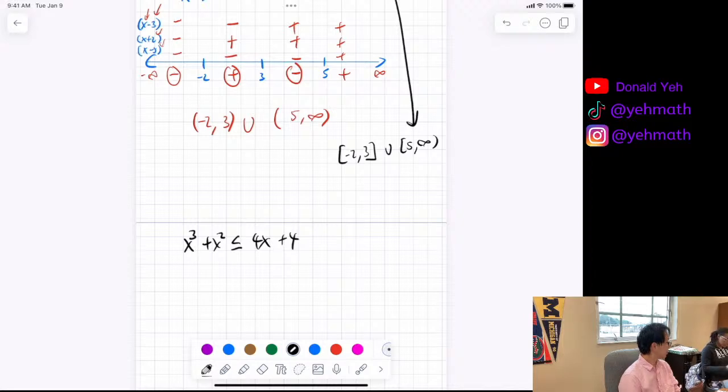Set the equation equal to 0 first, less than or equal to 0 first. So at the end of the day, you still need to know how to factor. Regardless, the factoring skill has to be there all the time.